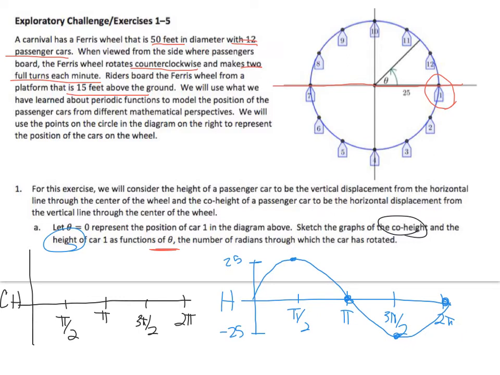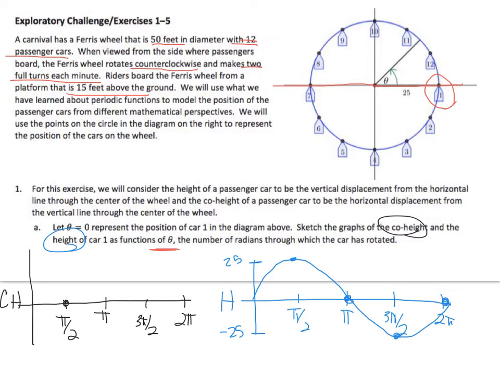As we look at the co-height, which I'm going to do in black, we can take car 1 up to the 90-degree mark, and we're at 0, our horizontal distance. Sorry, over here at the 0 mark, we are at 25.